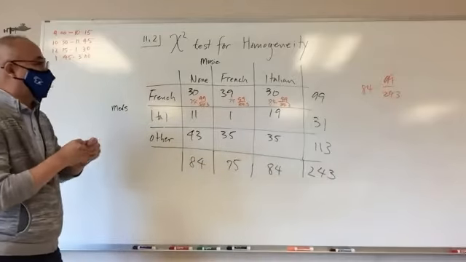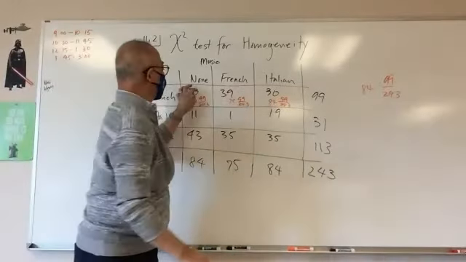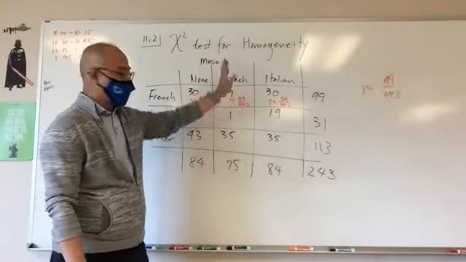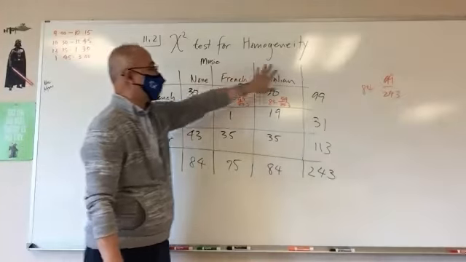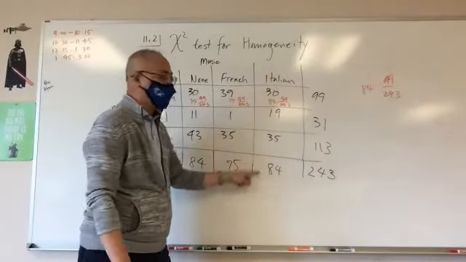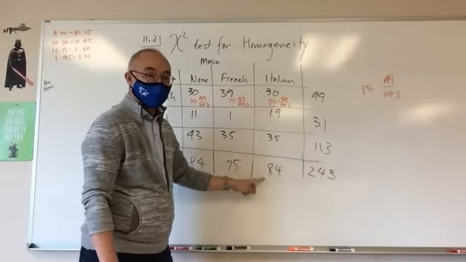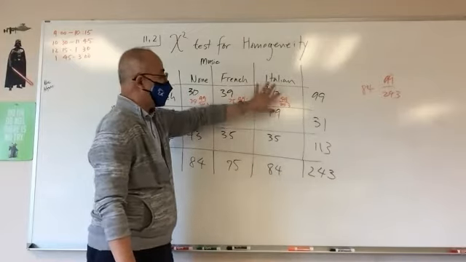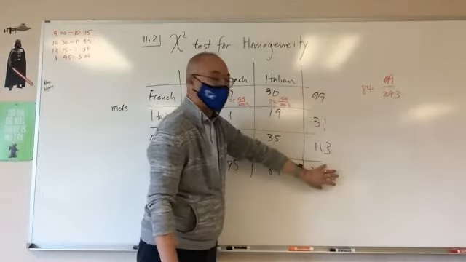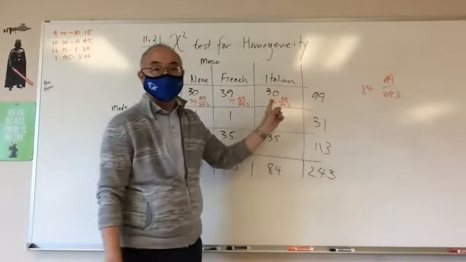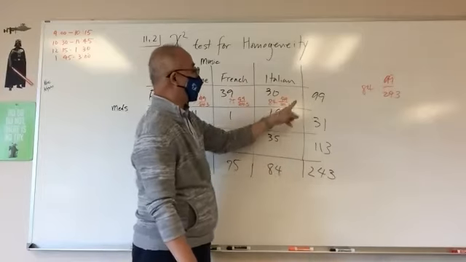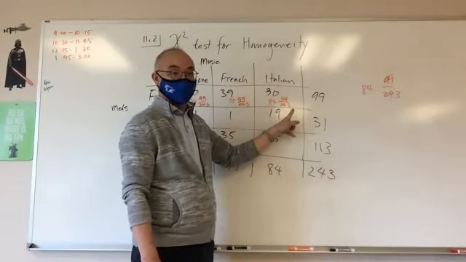So, don't look at the 30, 39, 30. Look at each column here. When I'm playing Italian, there were 84 times that I was playing Italian. If there's no relationship here, I know that 99 out of the 243 times somebody's going to order that meal. So I'm going to multiply 84 times 99 divided by 243.